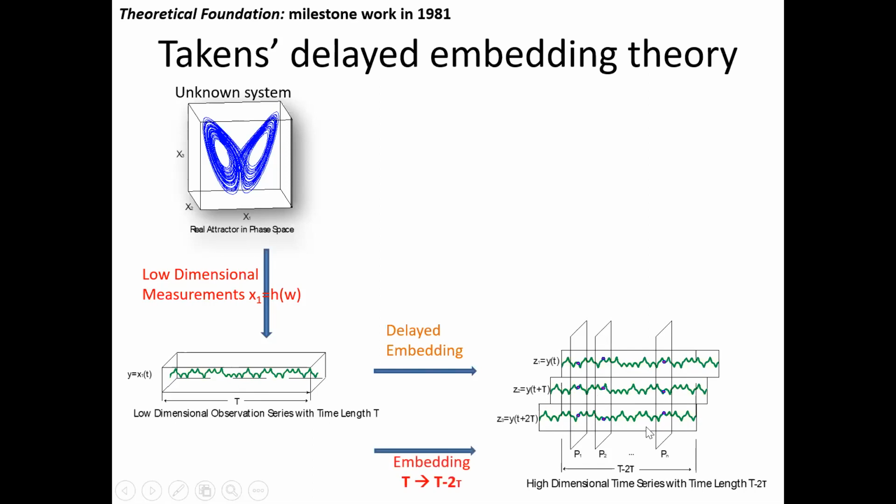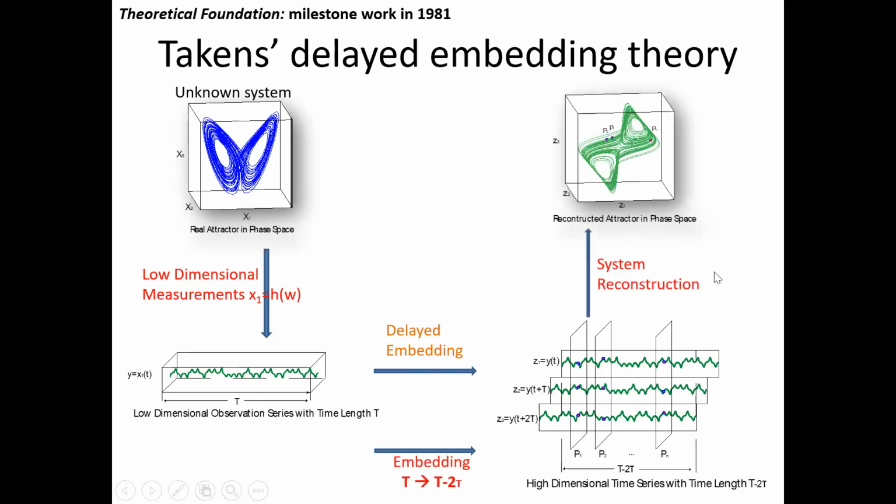From here, we further put this data into the phase space, Z1, Z2, Z3. Then we get a phase space, another attractor, dynamics. This dynamics is available because it is constructed from this available data. So we know this dynamics exactly.